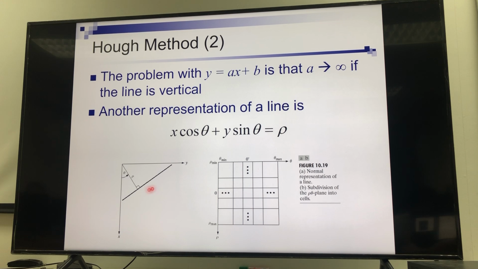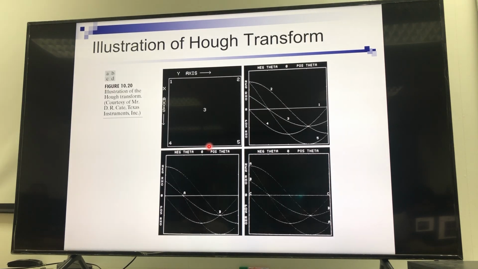However, every point on this straight line appears here in terms of sine and cosine. That means you end up with a curve, a sine and cosine curve like this.